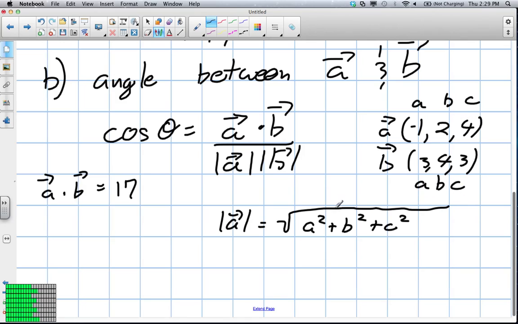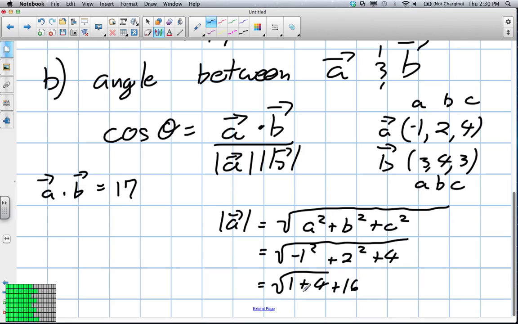Okay? So we're going to use that formula to find the magnitude of vector A and the magnitude of vector B. So to find the magnitude of A, we're looking at -1 squared plus 2 squared plus 4 squared, all rooted, which gives us 1 plus 4 plus 16. We're looking for the root of 21.